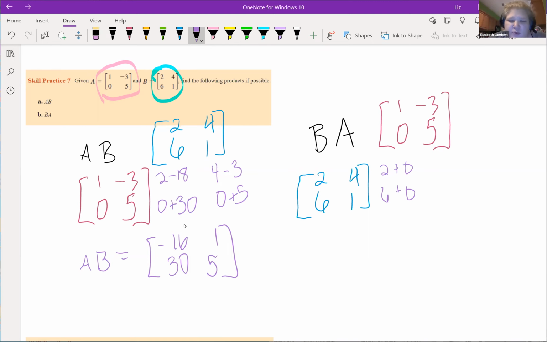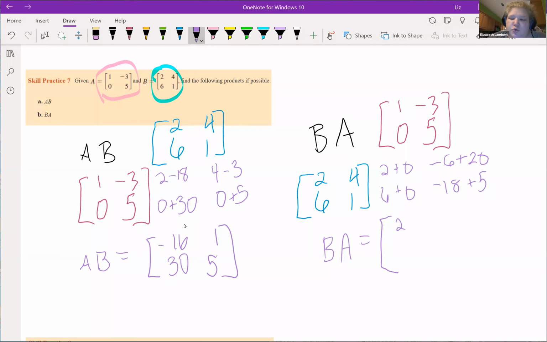Now our other one, -3 crashing and 5 crashing, so -3 times 2 is -6. 5 times 4 is +20. And then -3 times 6 is -18, plus 5 times 1 is 5. All right, now we're just going to clean this up.